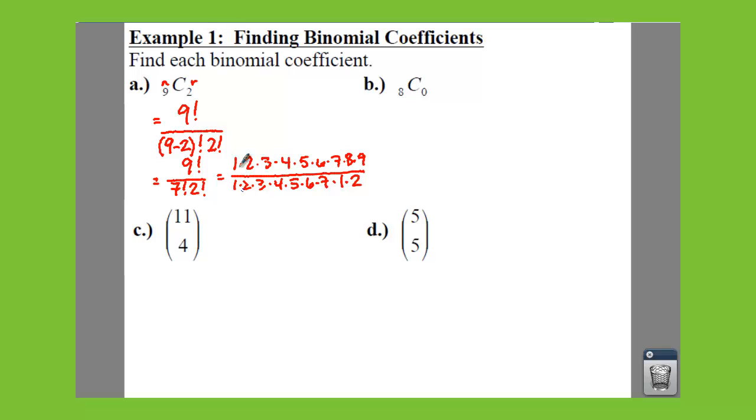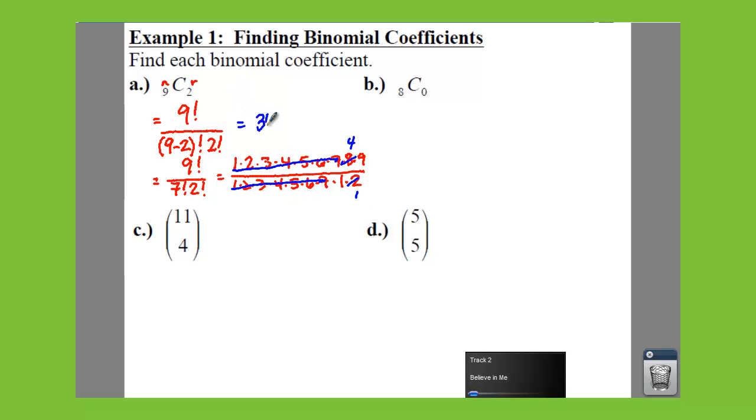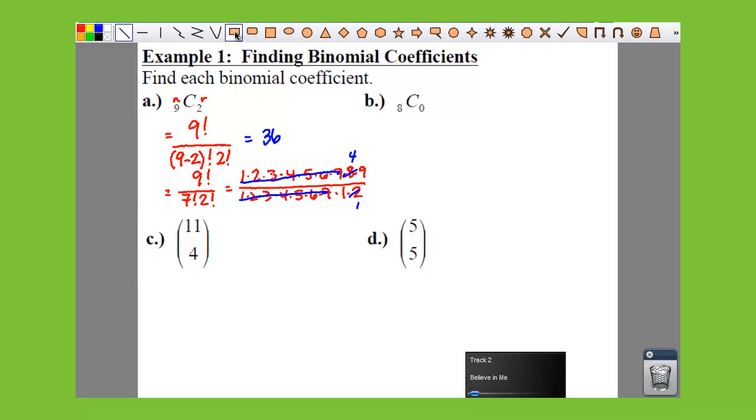If you remember last time we learned about canceling terms on top and bottom, we have 1 through 7 that can cancel. On top, this 8 and this 2 could be a 4 and a 1. So really you end up getting the answer of 36. Well, that's not too bad.